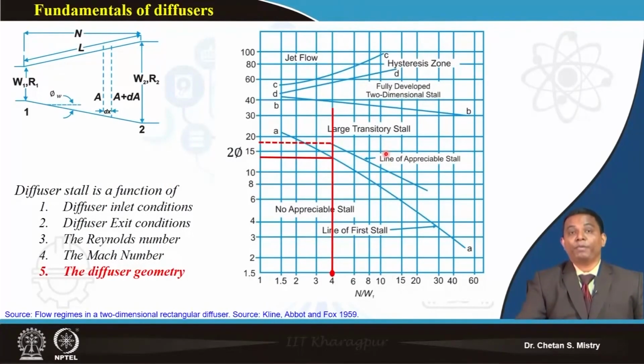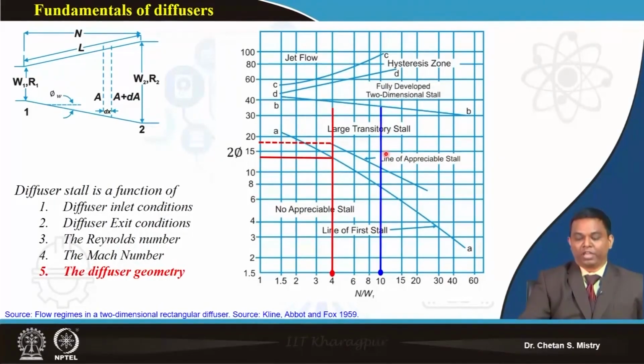So, being engineers, we always need to understand the design of our diffuser. When we are designing our passage, it should not be without understanding, and this is one of the best examples. Let us say I go slightly to the higher side, and I have my N by W1 as, say, 10. I will be making my diffuser a short diffuser, with larger diameter.